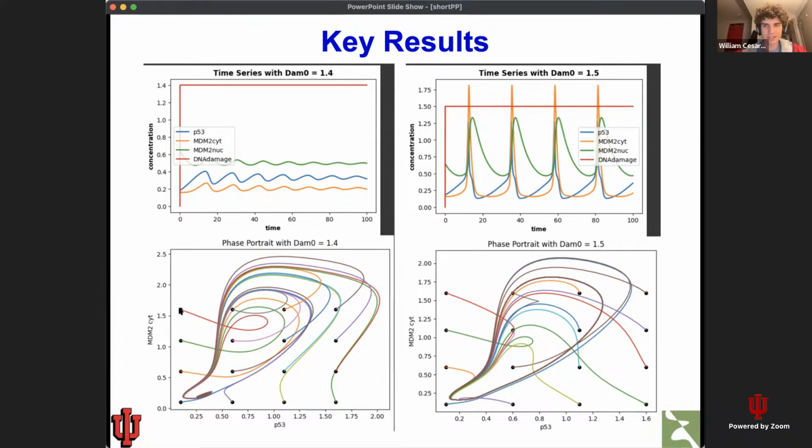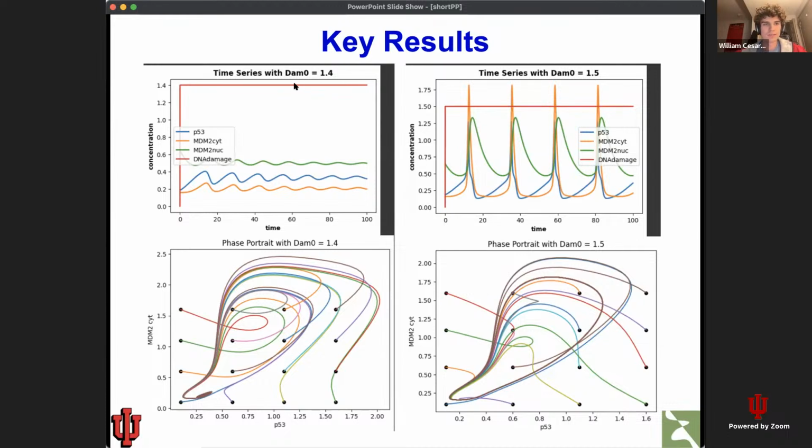Each black dot represents a set of initial conditions of P53 and MDM2. If you take one of these lines and trace the color all the way, it will stop here, which is the steady state value, right? If we keep running these lines forever, it's going to be around here for each of them.